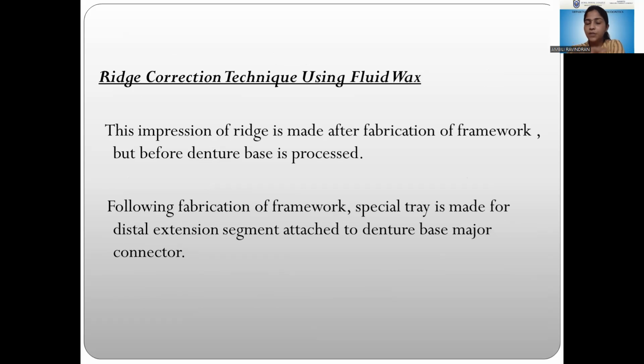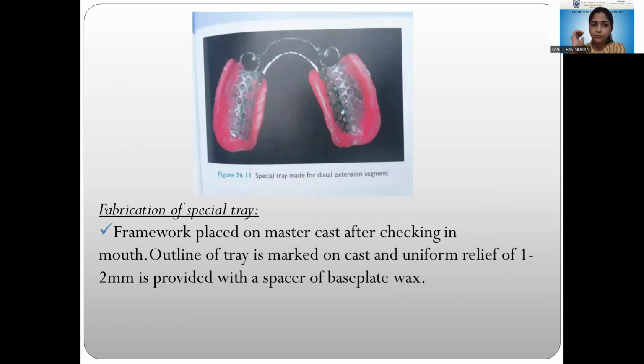So once you are finished with your framework, just try that in the patient's mouth, and we'll be fabricating a special tray on the distal extension area attached to the denture base minor connector. Once the extensions are checked, we place that on the master cast, and an outline is marked on the cast for the extension of the special tray.